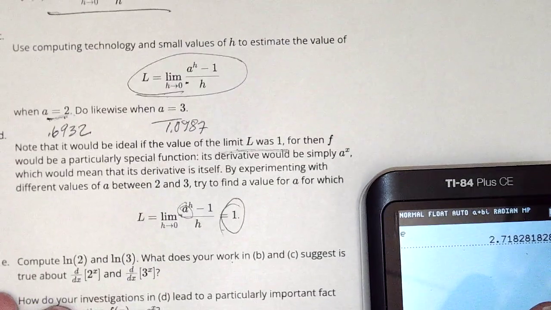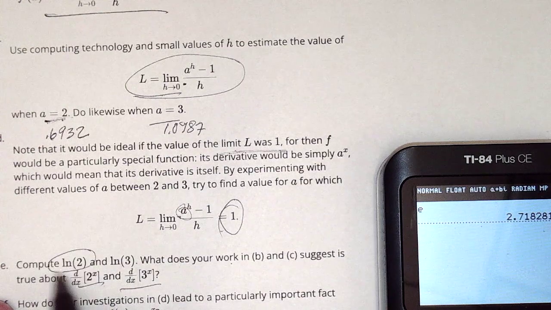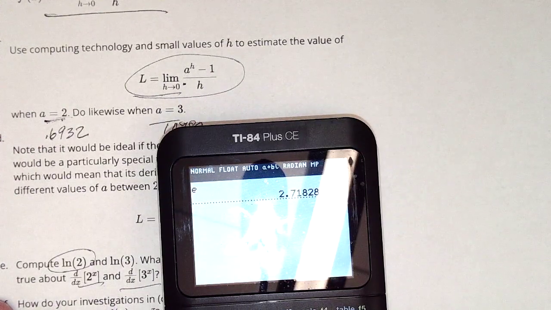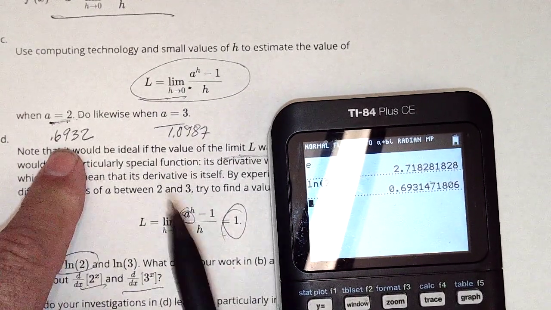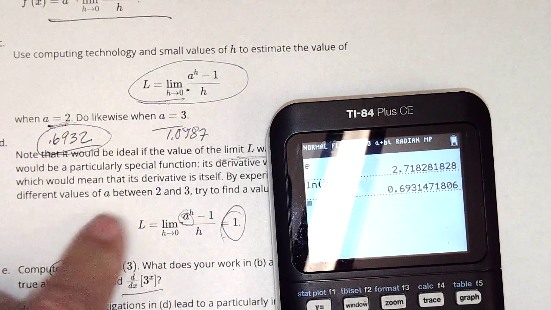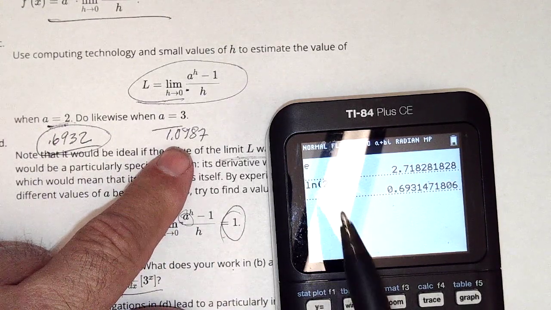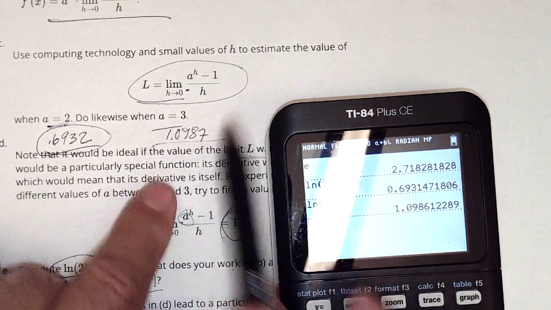And then they say, take a look at this and this. After you look at the ln of 2, ln of 2, of course, is 0.693147, so it was close to what we got there. And ln of 3 is close to what we got there.